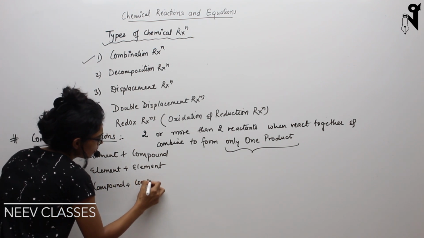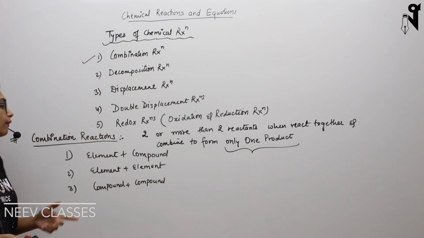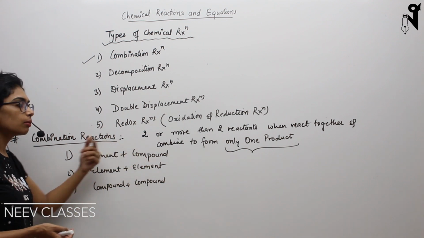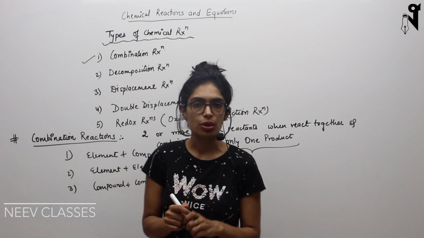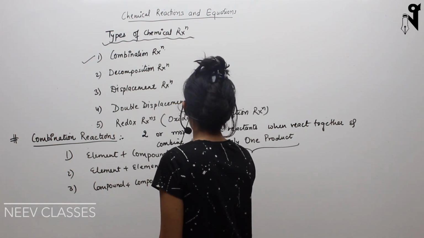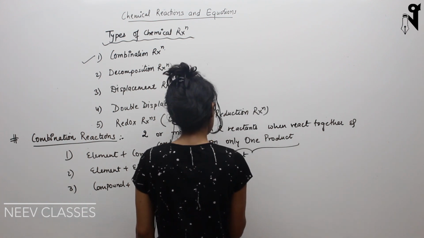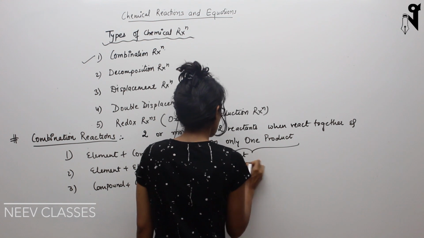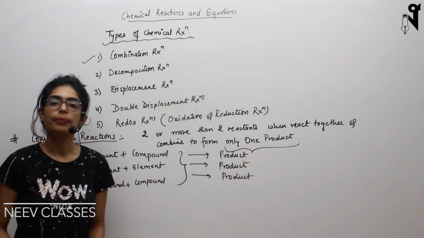So it can be any combination basically. If I have 2 reactants, then one can be an element and another a compound, both can be elements, or both can be compounds. It can be in any random combination, and when they combine, they'll give you the respective product, and that product is going to be one single product, not multiple products. So this kind of reaction is called a combination reaction.